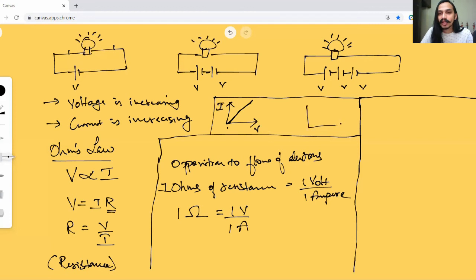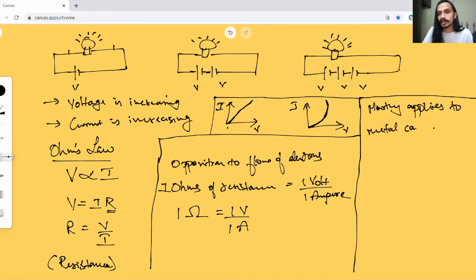However, in some cases, it was not proportional. When people tried this experiment with some other substances, they didn't get a straight line, they got something like a curved line. So what they said is Ohm's law does not apply to everything. It is not universal. Ohm's law mostly applies to metal conductors.